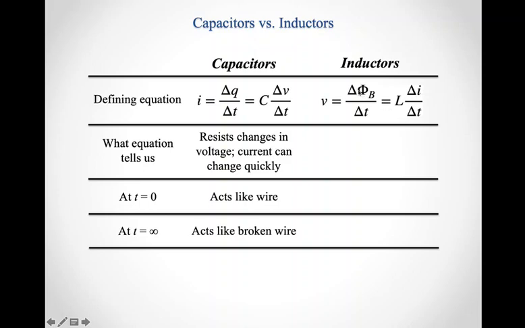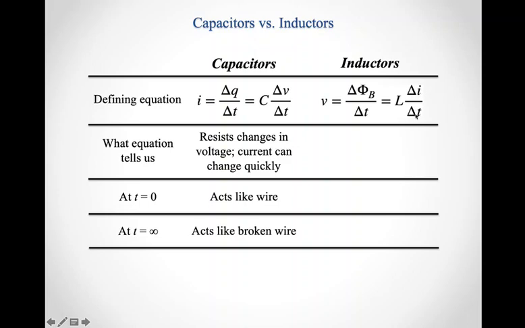Again, if I think about how that changes with respect to time, on the left-hand side I get the change of the magnetic flux with respect to time, which is equal to the induced EMF. On the right-hand side, the inductance doesn't change because that's fixed once I build my inductor, and I'm left with the change in current with respect to time.